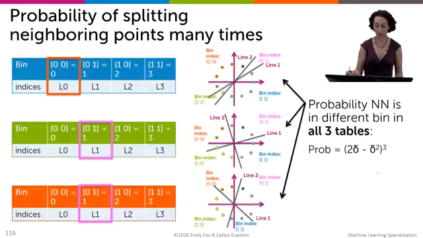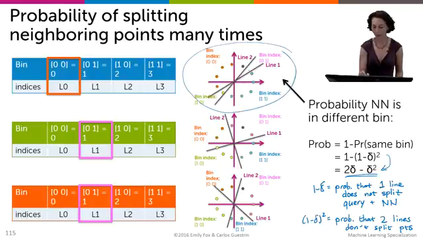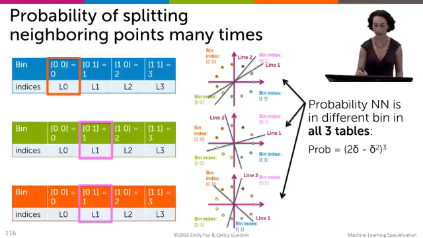Now that was just the probability of having our query point and the nearest neighbor in different bins for this one example here. But what's the probability that that happens in all 3 cases? Well, again, all 3 cases are completely independent events.